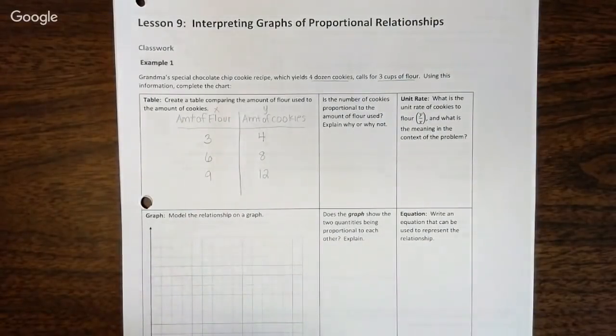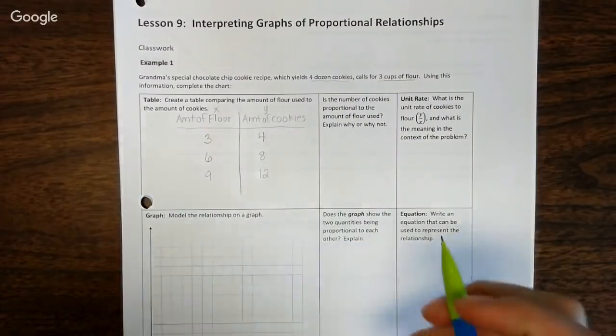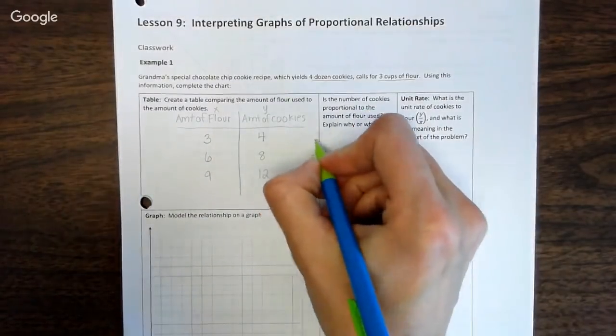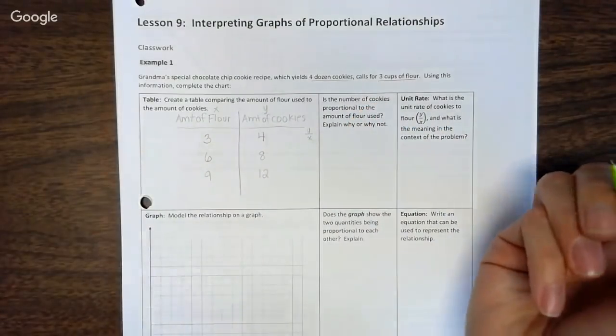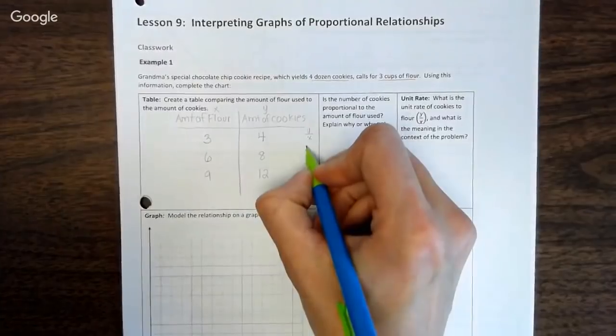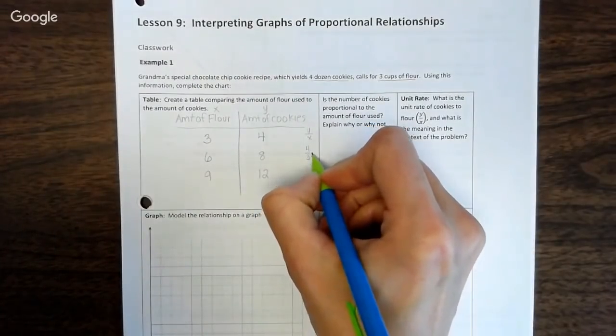It's asking, is the number of cookies proportional to the amount of flour used? So all we have is the chart right now, so we want to see if the unit rates are the same. Now remember, to find the unit rates, you're going to do y divided by x. So in the first one, we have 4 divided by 3.